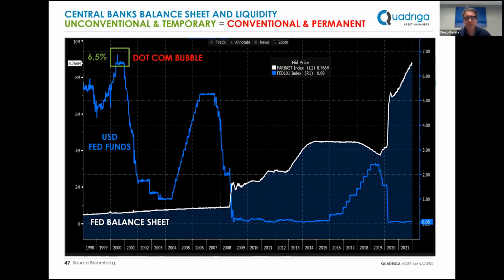We had the dot-com bubble, which sent us all the way down to 1%. Still no QE. Things did recover, and we had this mega growth in commodities, China, etc., which eventually led us to Lehman, the global financial crisis.